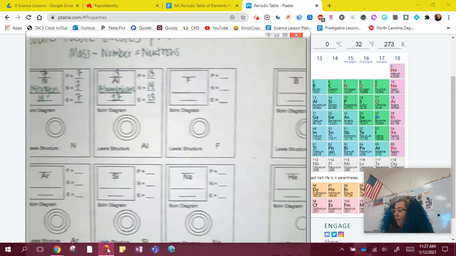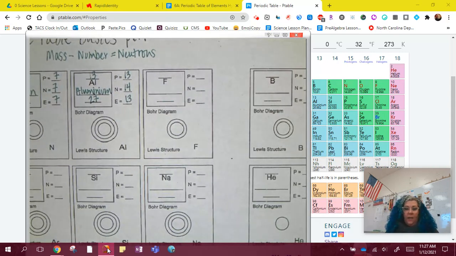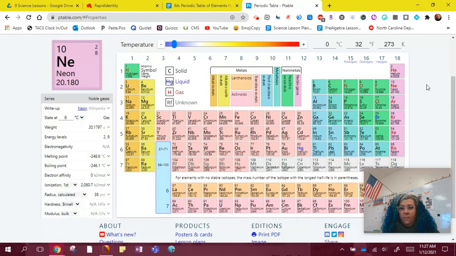All right? Now we're going to go to F on the periodic table of elements. And for fluorine, the atomic number is 9. You're going to write fluorine. And the atomic mass is 18.998. So I'm going to round it to the nearest whole number and make it 19.